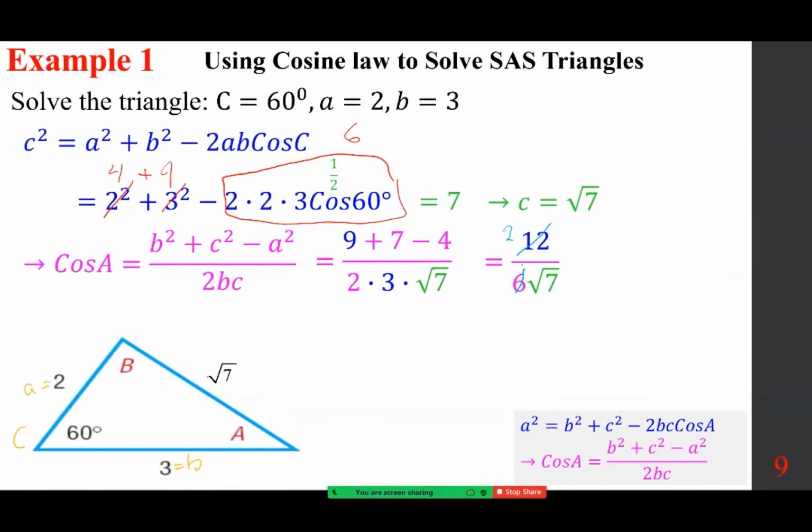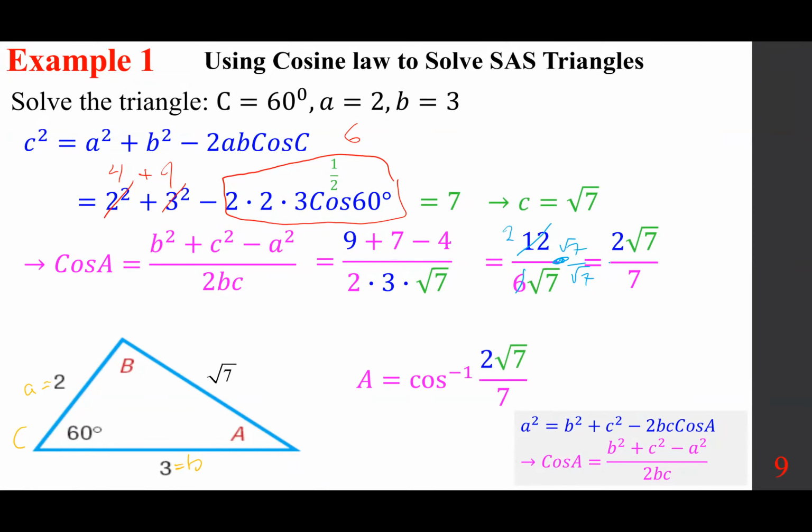Two over square root of 7. I can multiply the top and the bottom by square root of 7 to rationalize. 2 square root of 7 over 7 is cosine A. So what is A? It's cosine inverse of that. You need to use a calculator. Cosine inverse of this value becomes A. Using a calculator, we end up with 40.9.